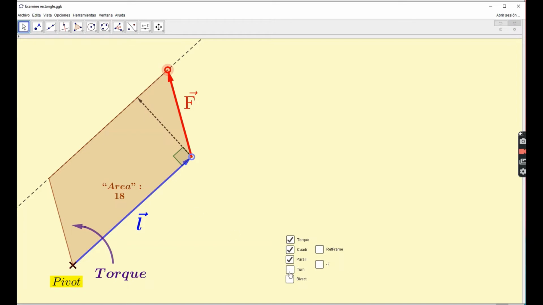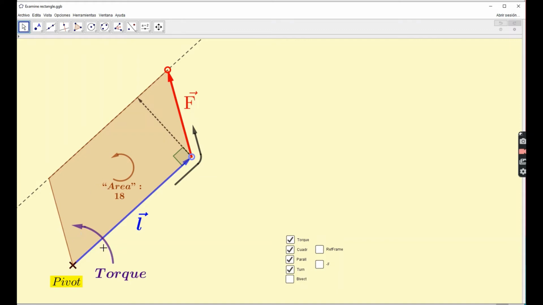Also, let's look at a few more things here. How are we going to denote the sense of the rotation? Well, one way to do this, and it is what the geometric algebra developers did, they looked at this and said, well, look, going from L to F, that's the direction of turn.